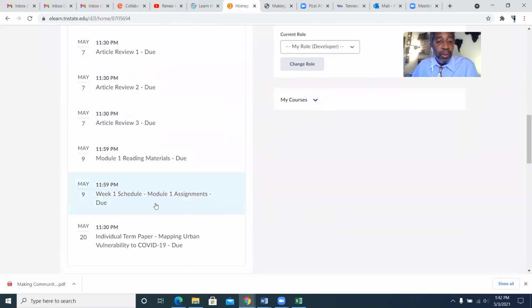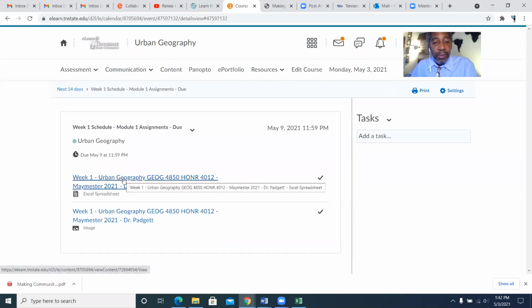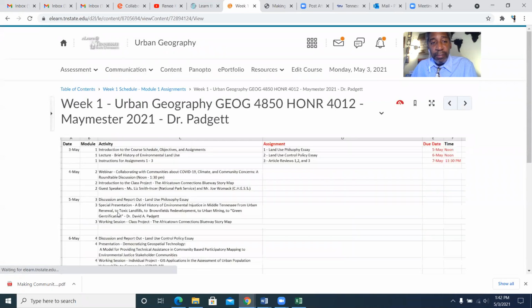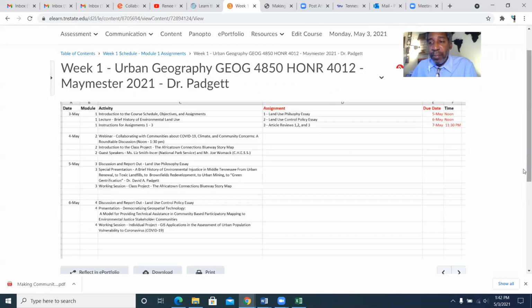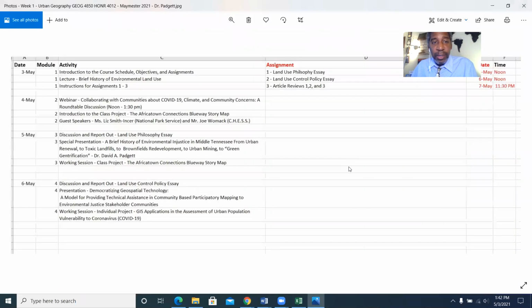schedule, the week 1 schedule is here. There's an Excel spreadsheet you can download, or if it's easier, there's a JPEG image of the schedule for this week that I don't think is going to change, but who knows.